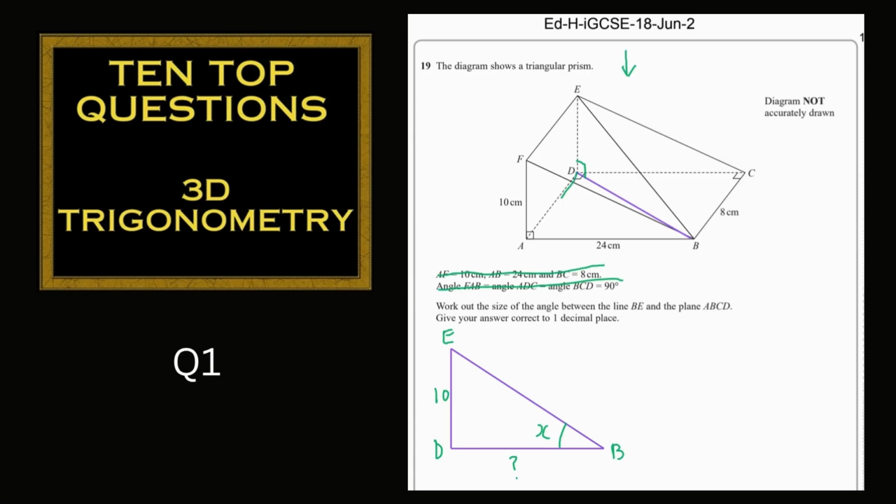If we pick on this half of the rectangular floor, again, it might not look like it, but it's right angled. And D to B is the hypotenuse of that right angled triangle.